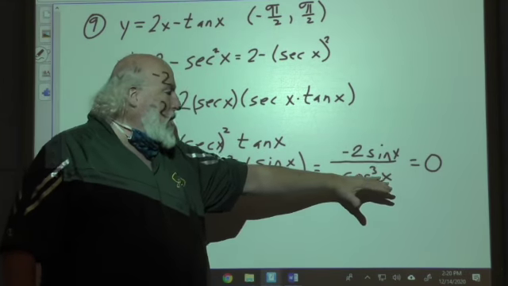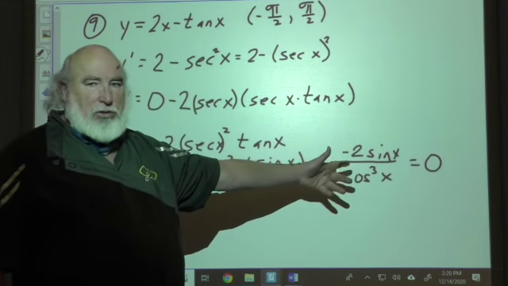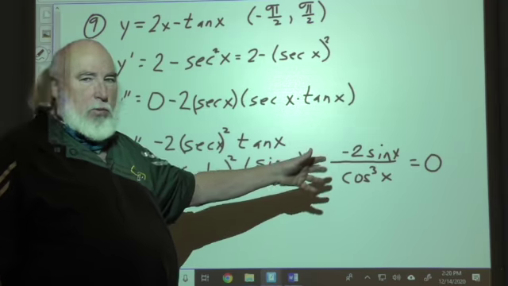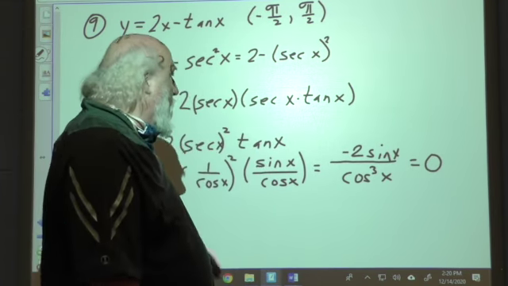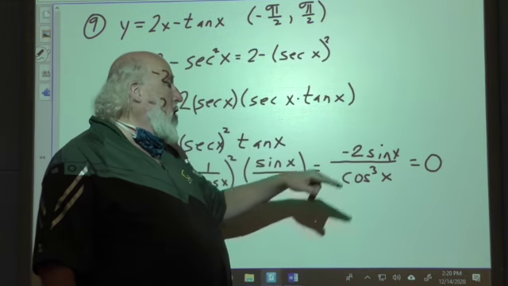So that eliminates any value of x for cosine being 0. So we don't have to worry about the inability of finding a 0 there. So we're just going to focus on this one right here.